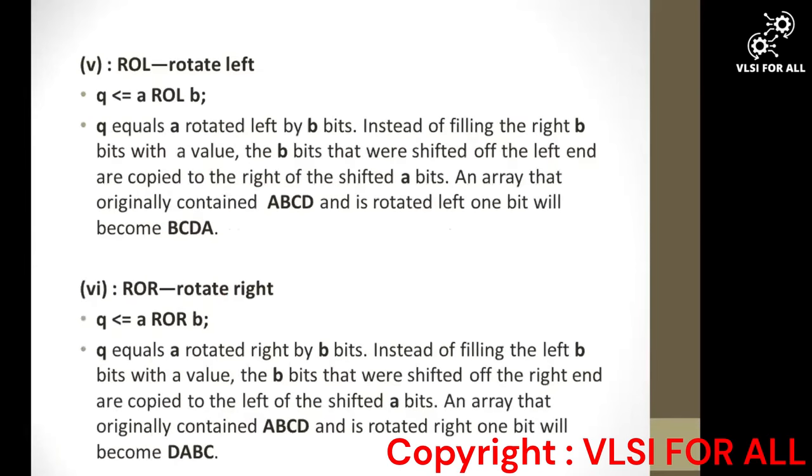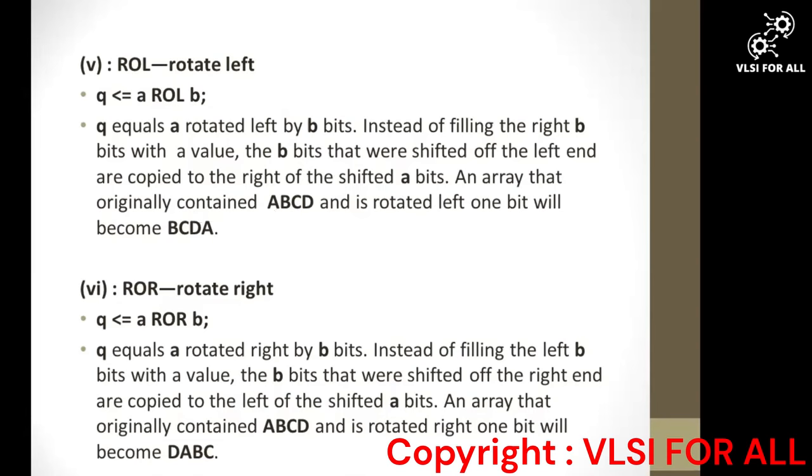And moving to the next, ROL, rotate left. Its syntax is A ROL B. This A is rotated left by B bits. Instead of filling the right B bits with a value, the B bits that were shifted off the left end are copied to the right of the shifted A bits. We just circularly shift, we don't fill any value.